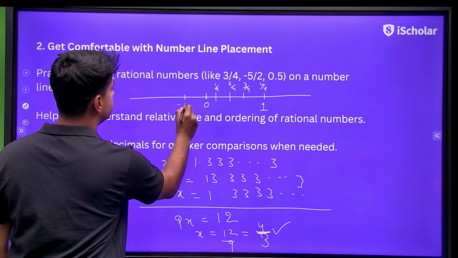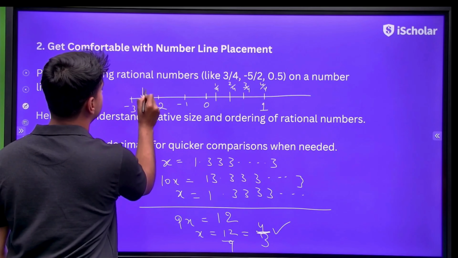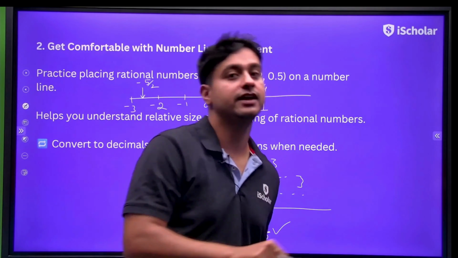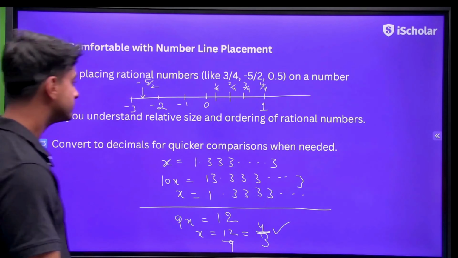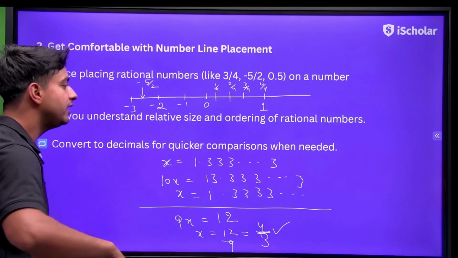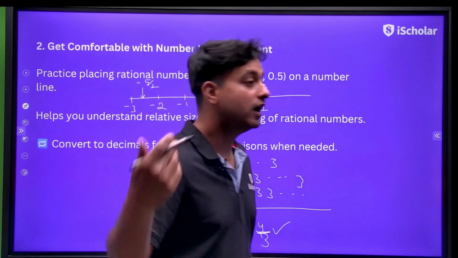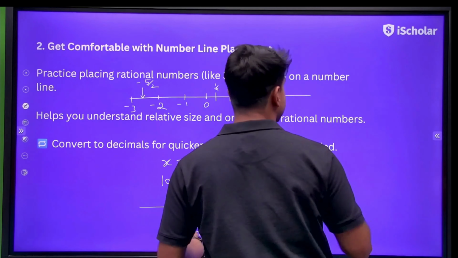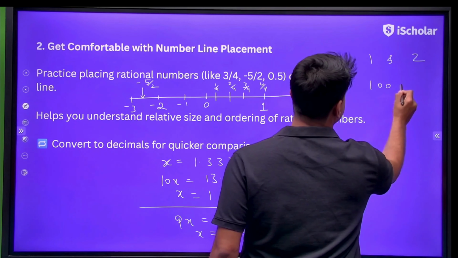So minus 1 is here, minus 2 is here, so minus 3 would be here, and it will be between both of them, which is minus 5 by 2. So you have to be able to identify the numbers on the number line very accurately, right? It helps you understand the ordering, and then you can compare the numbers quickly, and you can actually calculate hundreds of numbers between two rational numbers, correct? If somebody says between 1 and 2, can you write 100 rational numbers?